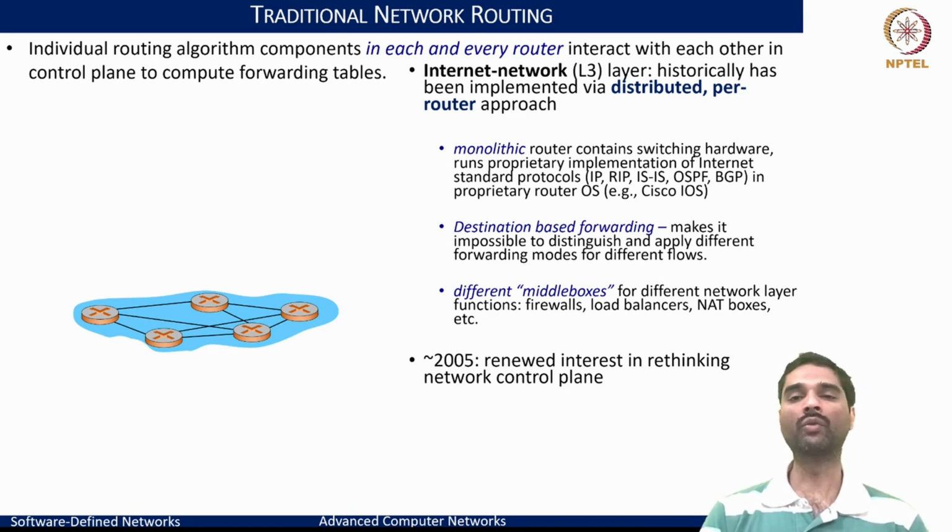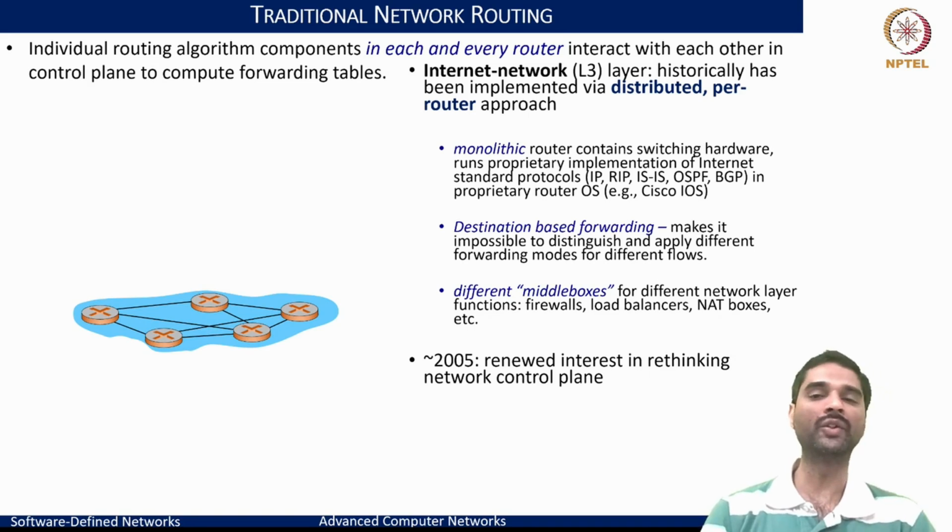Moreover, these routers are in essence monolithic, containing the switching hardware and proprietary implementations of the routing algorithms. You may see that I cannot have, in a given topology, one of them running OSPF and another running RIP. We would want all of these routers to be configured and managed in a way that they talk the same language.